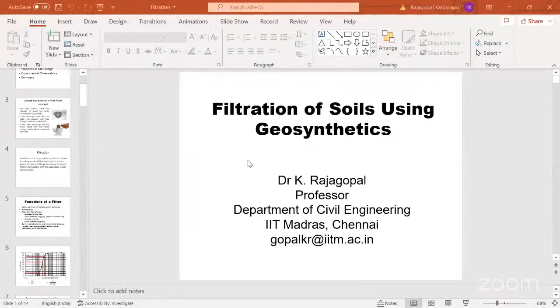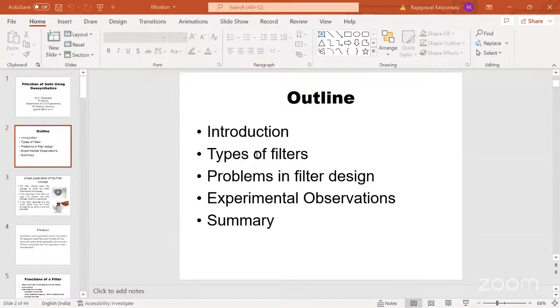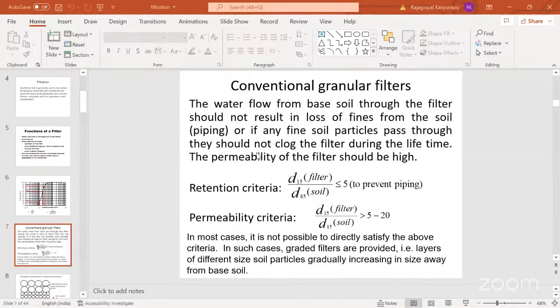Okay, sir. Yeah, can you see my screen? Filtration of soils using the Yes, geosynthetics. sir. Yes, sir. Okay, right. Okay, let me just just stop me.